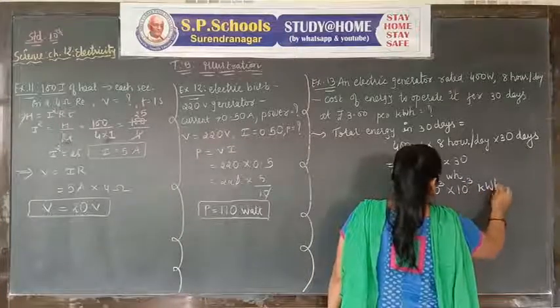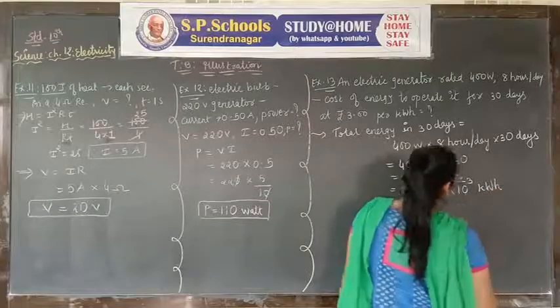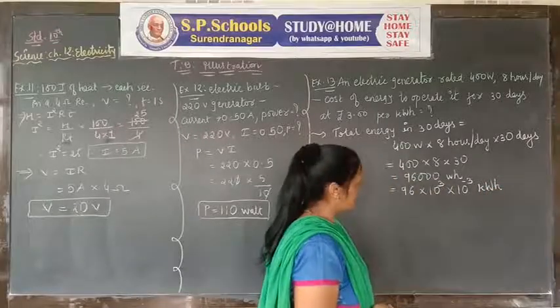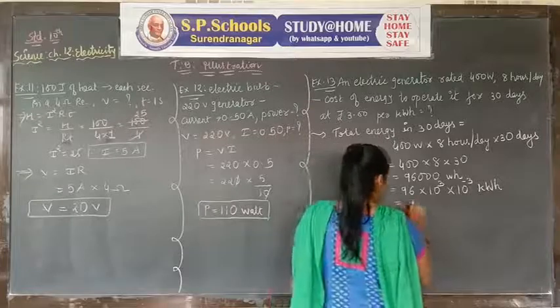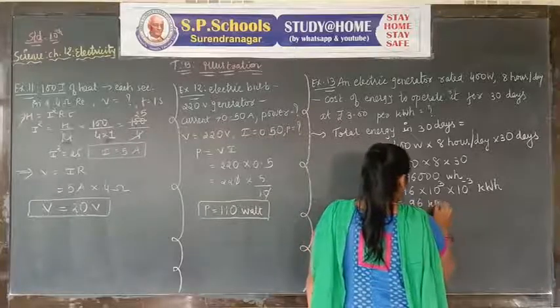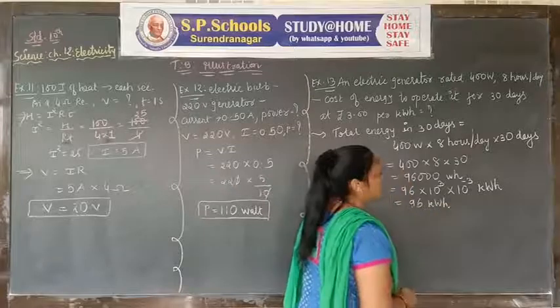We multiply it with 10⁻³. So we get 96 kilowatt hour.